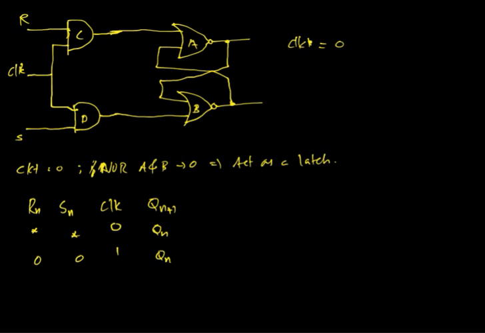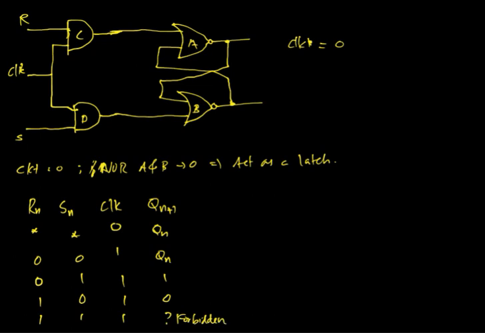When Rn is equal to 0 and Sn is equal to 1, clock pulse is 1, then the circuit sets, and when Rn is equal to 1 and Sn is equal to 0, clock pulse is 1, then the circuit resets. When both are 1, when clock pulse is high, it will give the forbidden or unpredicted output.